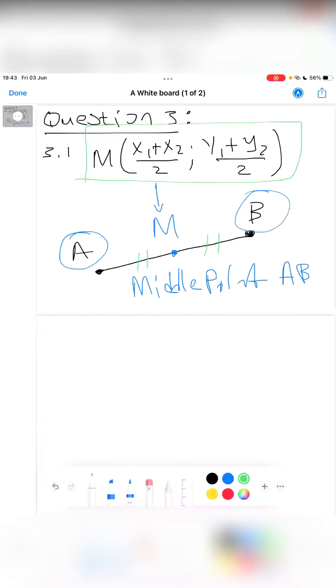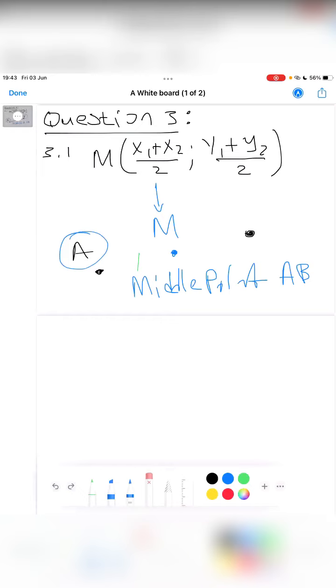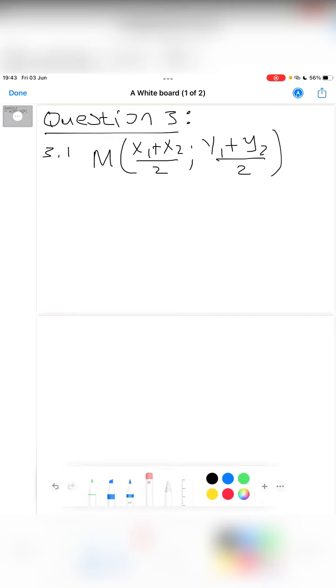There are multiple ways in which you can apply that formula. It doesn't really matter which format you use, but we are only interested in you giving us the final answer in the form of coordinates.